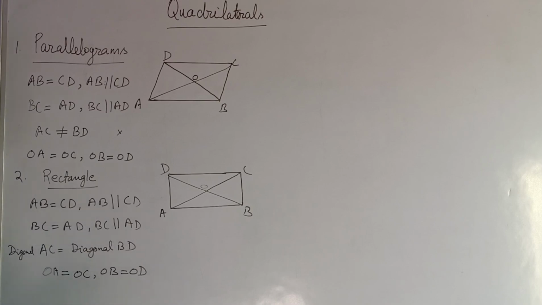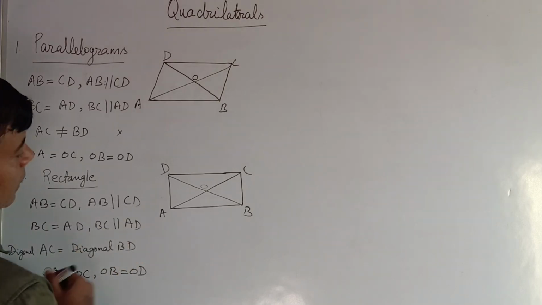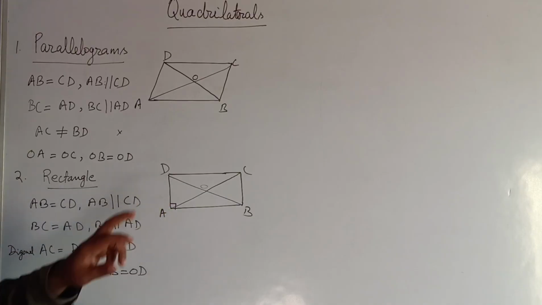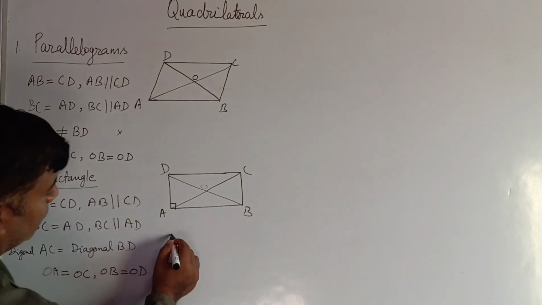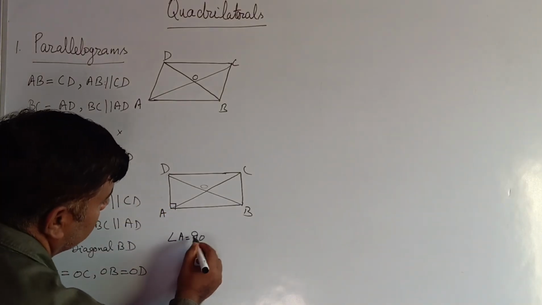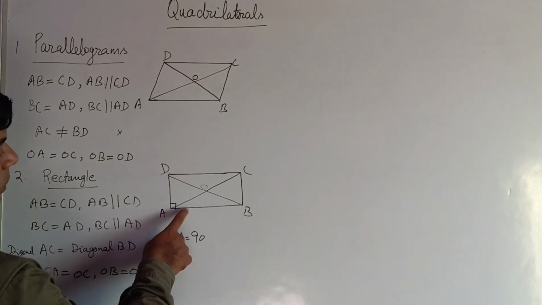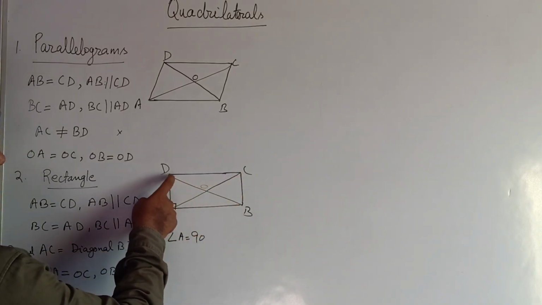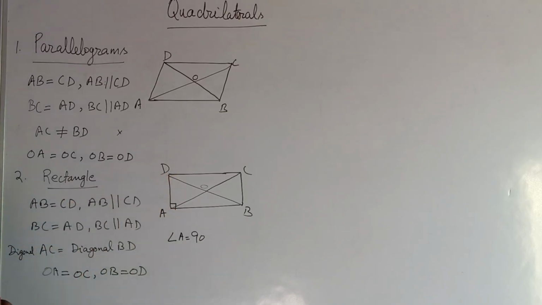One more difference is that in a rectangle all the interior angles are 90 degrees. Angle A, angle B, angle C, and angle D are each equal to 90 degrees.